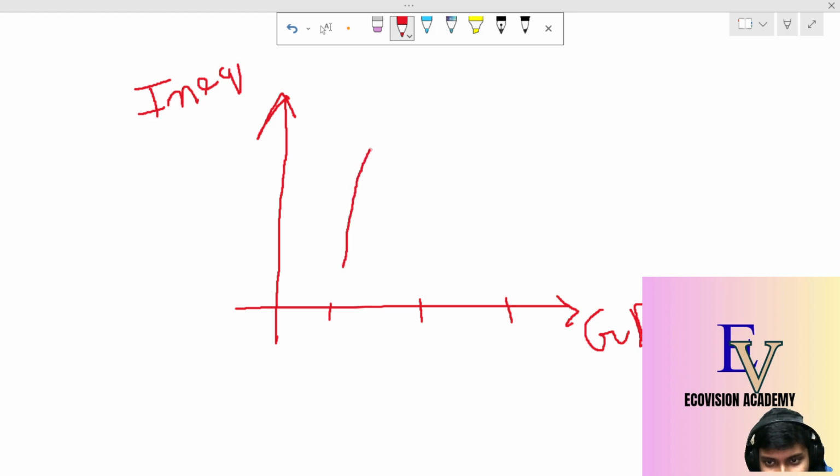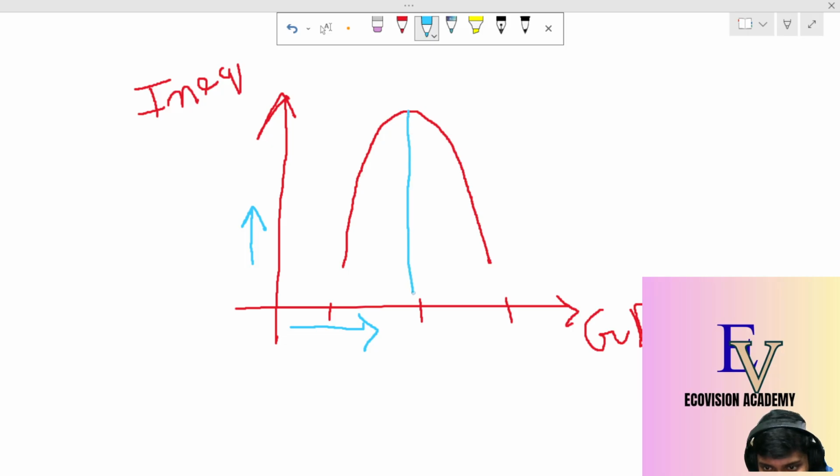It looks like an inverted U shape. As GDP increases, inequality also increases because the curve is upward sloping. But after reaching its maximum, as GDP increases, inequality falls.